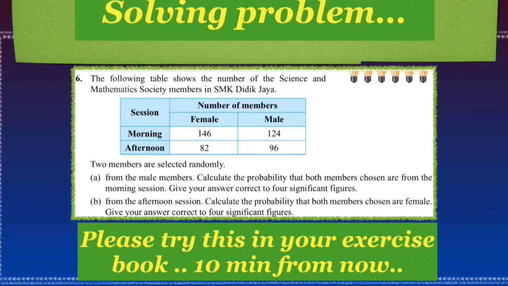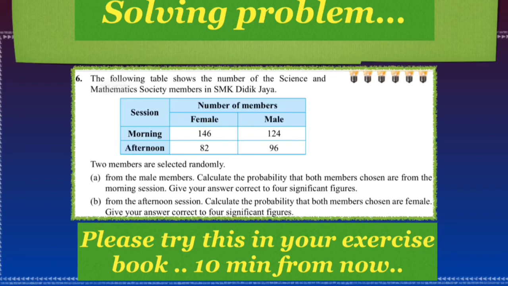For session morning, female 146, male 124. Afternoon, female is 82, male is 96. The school has 2 sessions, morning and afternoon. So 2 members are selected randomly from the male members, please underline because this is your sample space.